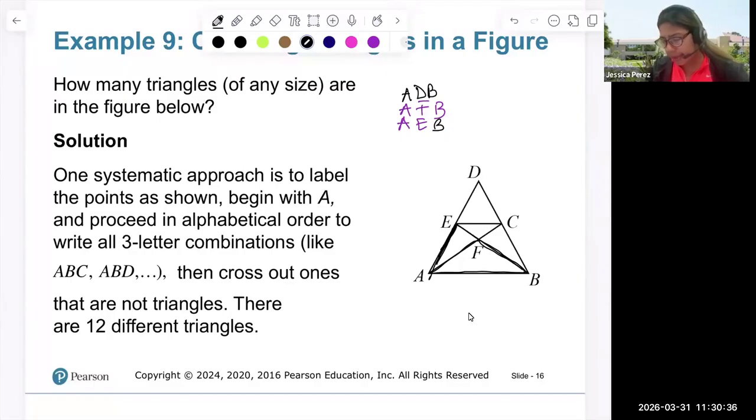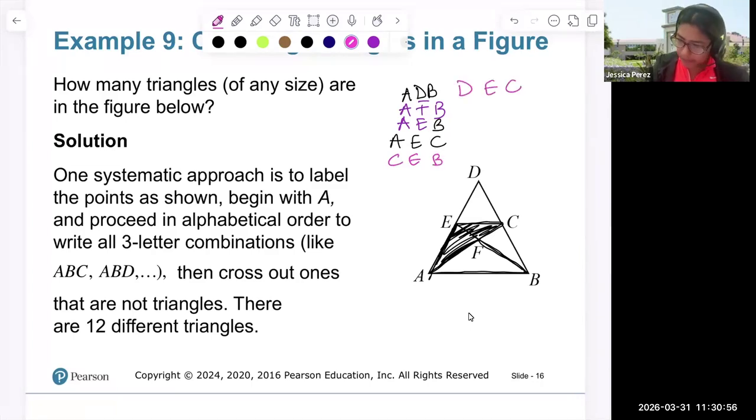And then we can have A, E, C right here. And then within those, we can have C, E, B. And then D, E, C, right? We can have this piece.